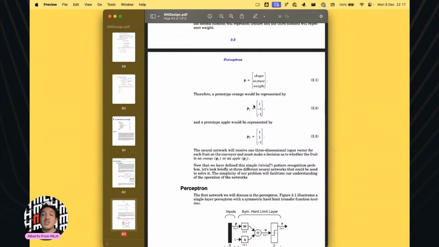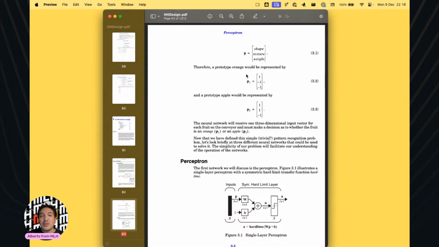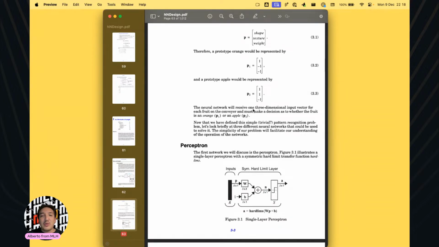So for the orange it will be -1, and for the apple that will be 1. And for the weight, we set a limit. Both are light fruits, so both have -1 because they don't pass the threshold value. So these will be the prototypes of the orange and the apple, right? Remember that, and we will be good.